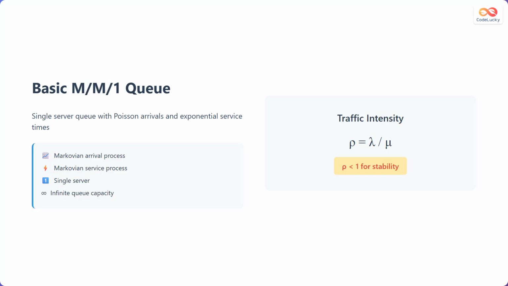A single server, indicating that there's only one server providing service. An infinite queue capacity, meaning that there's no limit to the number of customers that can wait in the queue. A crucial concept in queuing theory is traffic intensity, denoted by the Greek letter rho, which is calculated as lambda divided by mu. For the queue to be stable, meaning that it doesn't grow indefinitely, rho must be less than 1.